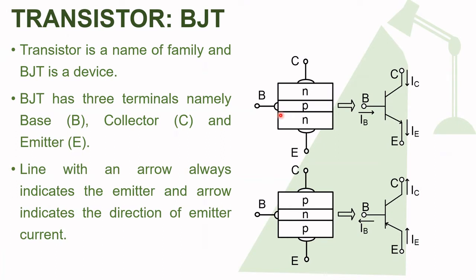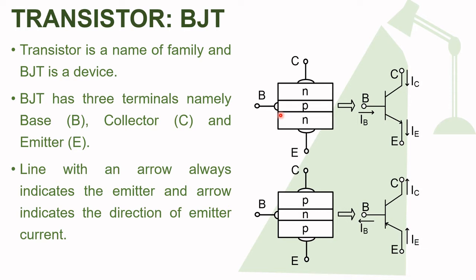A bipolar junction transistor is a 3-layer 2-junction device. The 3 layers are made up of P type or N type semiconductors, that is N, P and N type of semiconductor.